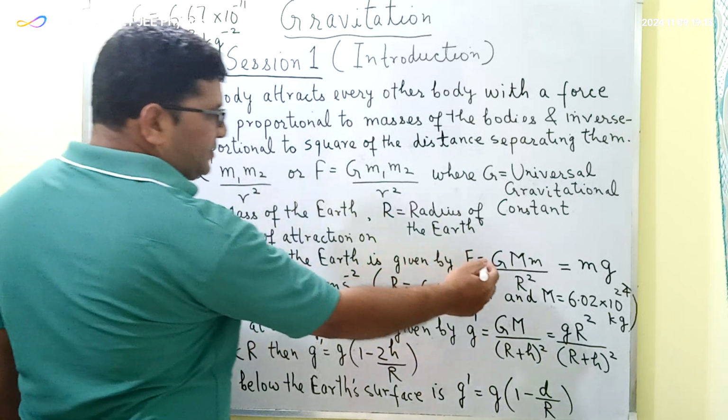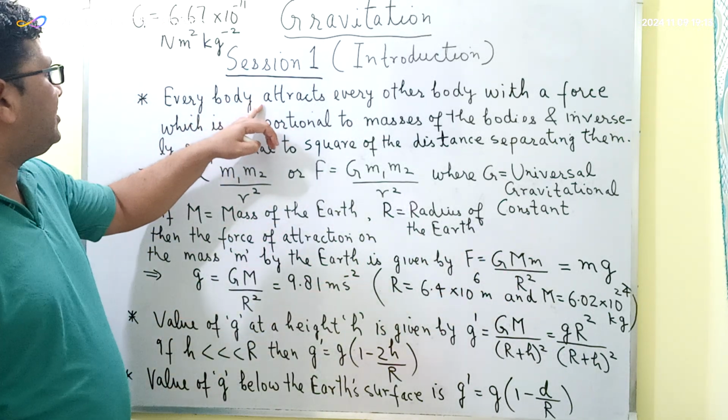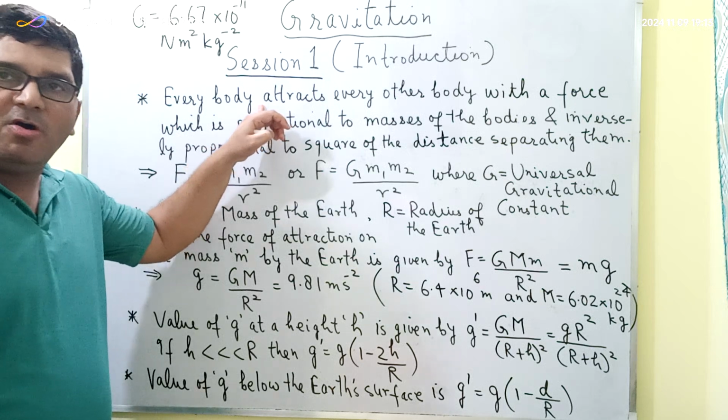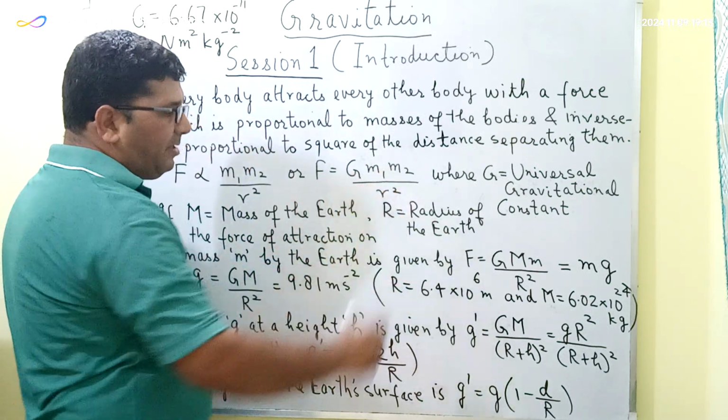So this formula has been written in accordance with the universal law of gravitation, that is F is equal to G m1 m2 divided by r square.